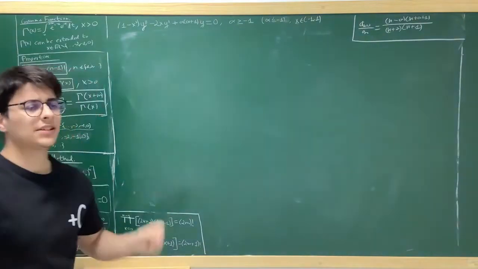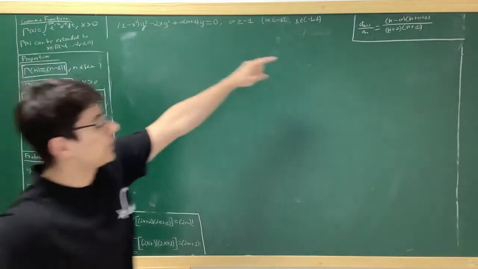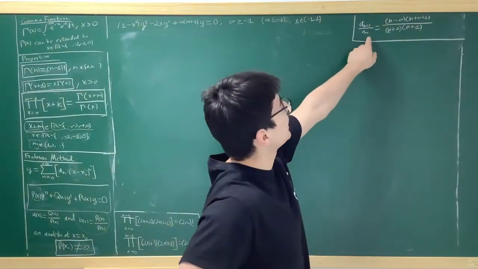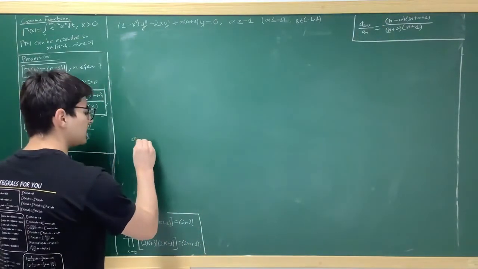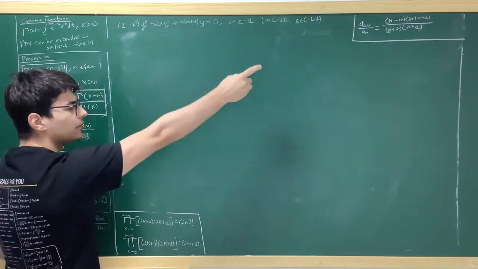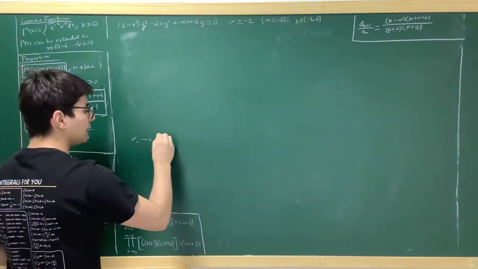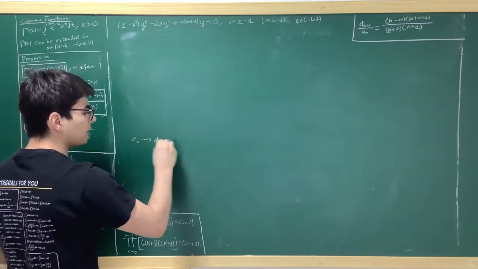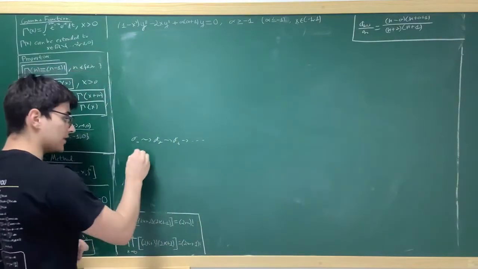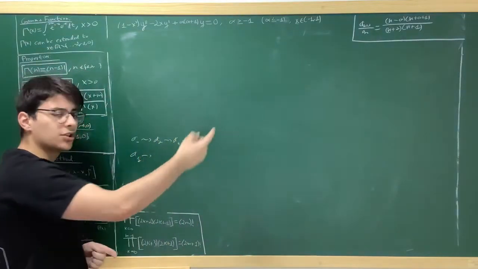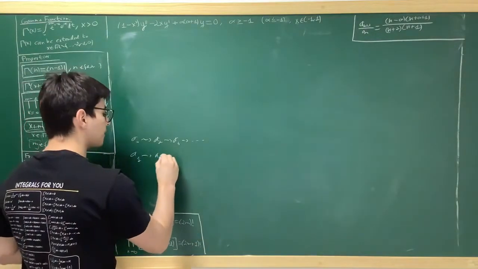Well, we have to notice one thing. Here, we have a_n and a_(n+2). So really, we start with a_0. This will give us a_2. And if we start with a_2, that will give us a_4, and so on. If we start with a_1, this relation will give us the value of a_3.